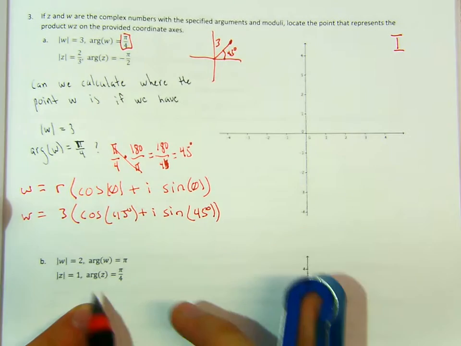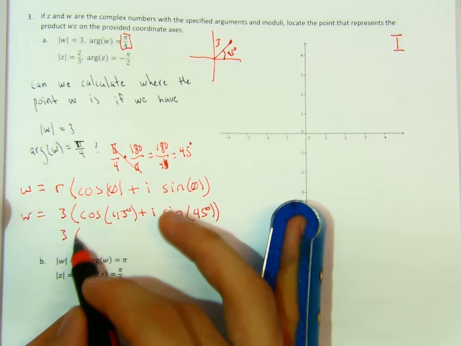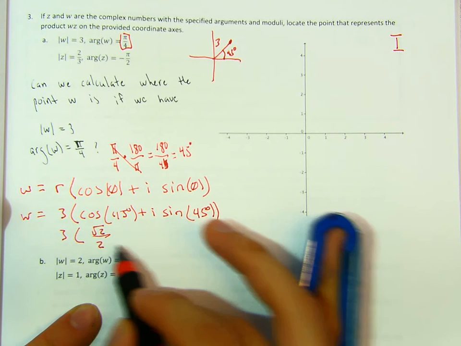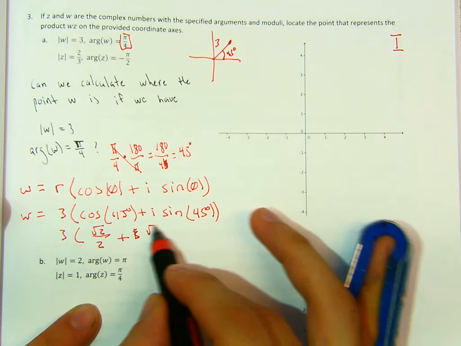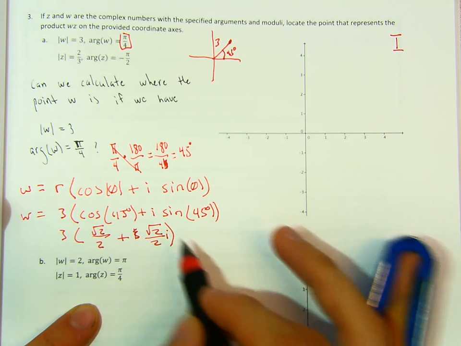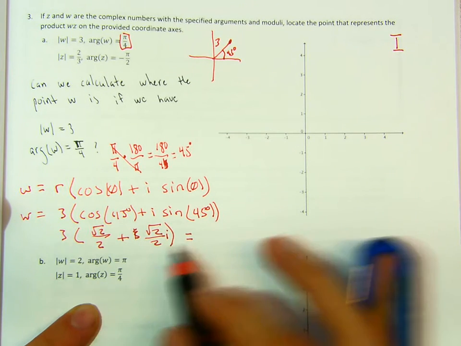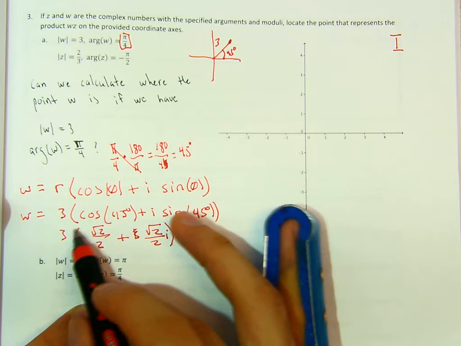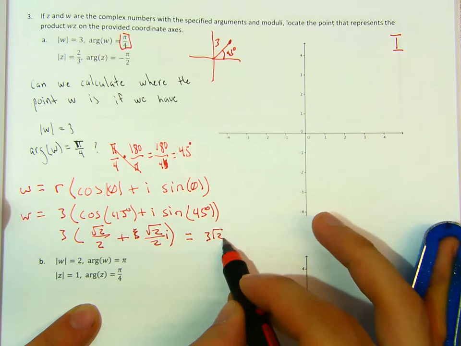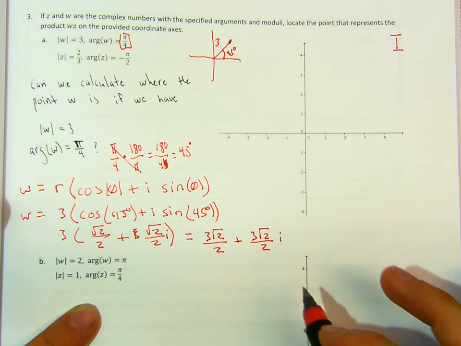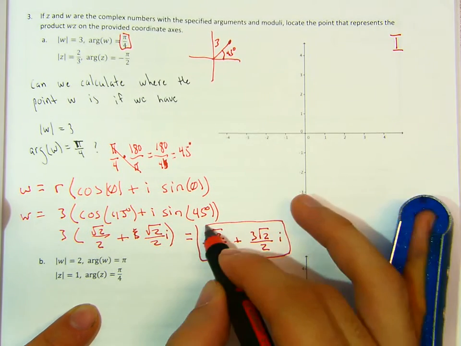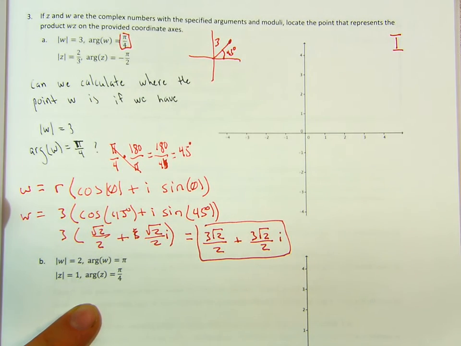Now, what is cosine of 45 degrees? That's square root of 2 over 2, plus i times sine of 45, which is also square root of 2 over 2. So then, what will this be? We have to distribute it, so this is 3 radical 2 over 2 plus 3 radical 2 over 2 i. This is my point W.